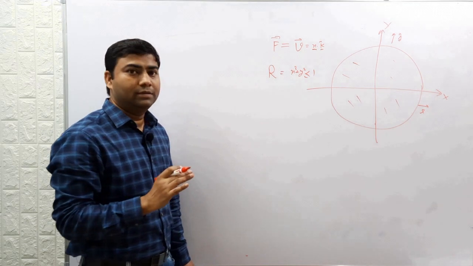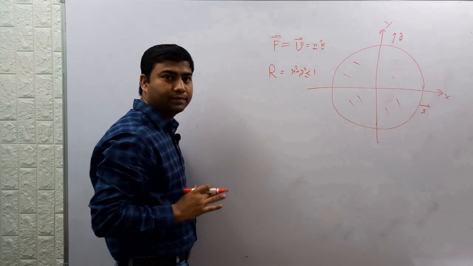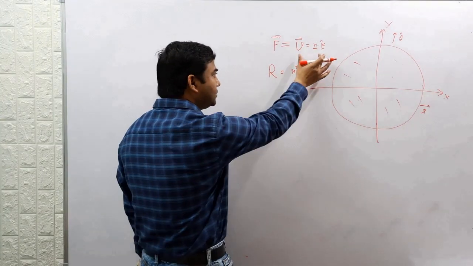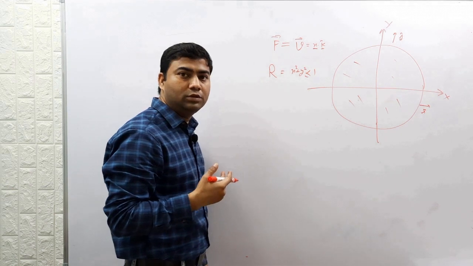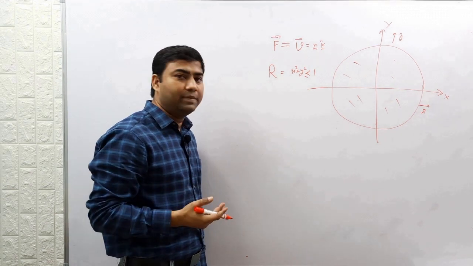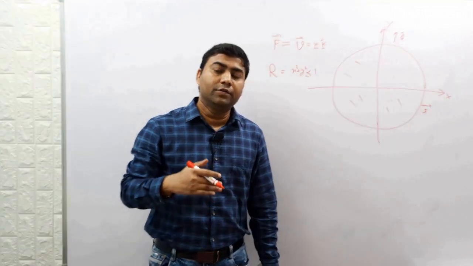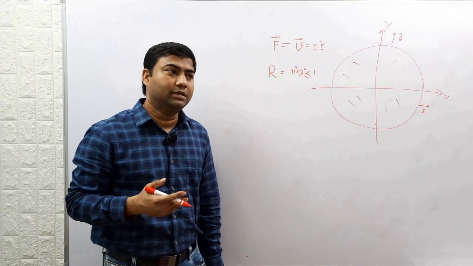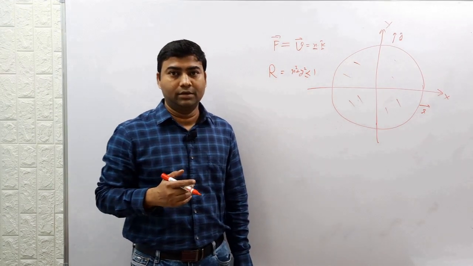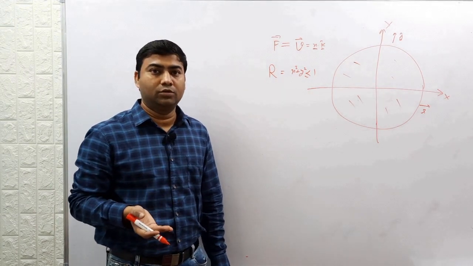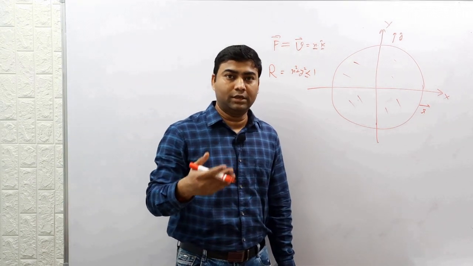We have to find the flux of this field through this region. First method we will use single integration, and second method double integration, because we discussed earlier that flux or surface integration is not an exclusive property of double integration. It can be found by single integration also, but in standard form it is written in terms of double integration.